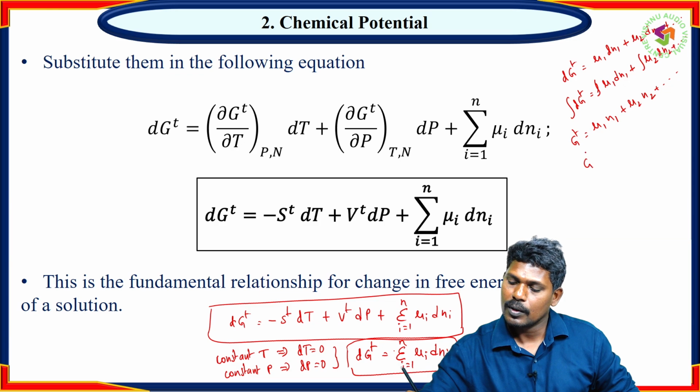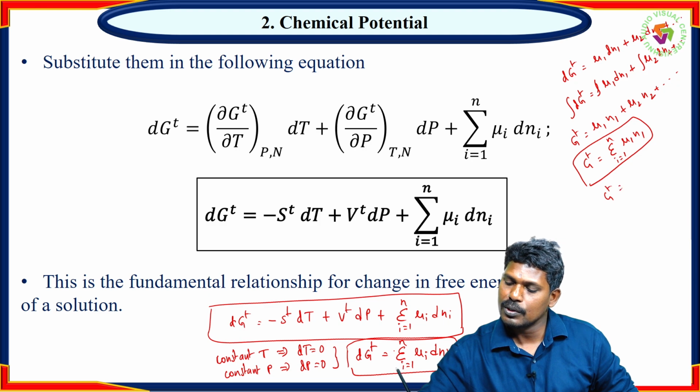Now from Gt, we can write the summation of i equals 1 to n of mu_i n_i. For binary mixtures, Gt is equal to mu1 n1 plus mu2 n2.